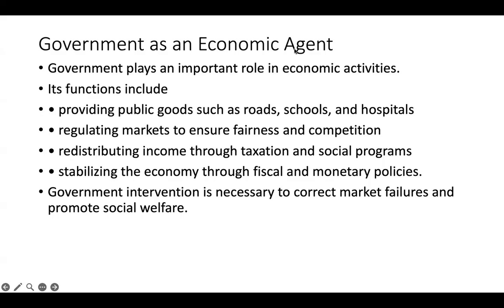You can't prevent people from using street lights, so it's a public good. Hospital. You can't prevent people from using the hospital. It's a public good, though we go there and pay some amount of money. But still, it's a public good. You can't prevent me from using it. When it comes to private goods, people are prevented because it's a private entity, it's private ownership. It belongs to someone.